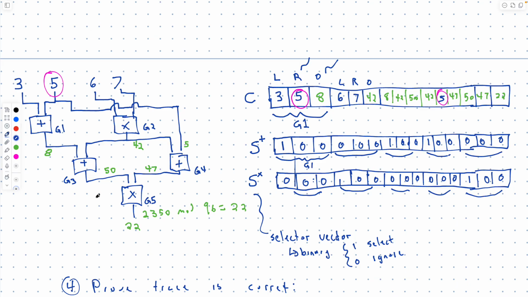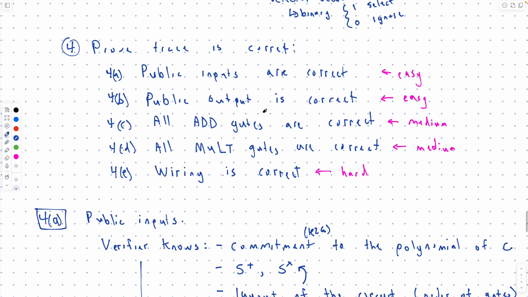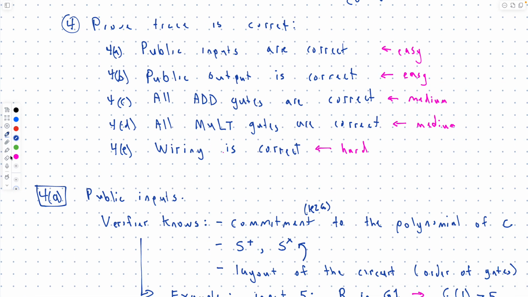Okay, so I'm simply going to open up all the points here. So this is easy. I'll just open with KZG. And for the output, I do the same thing. Okay, it's the same procedure.